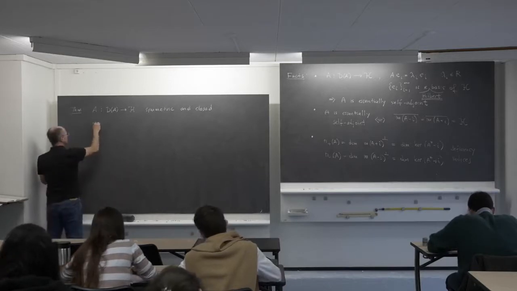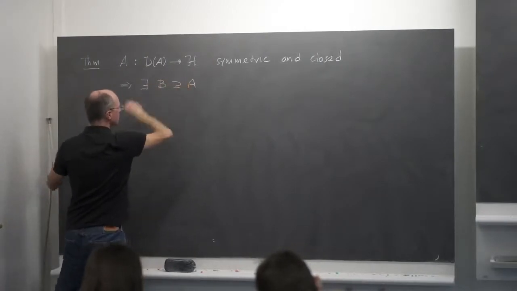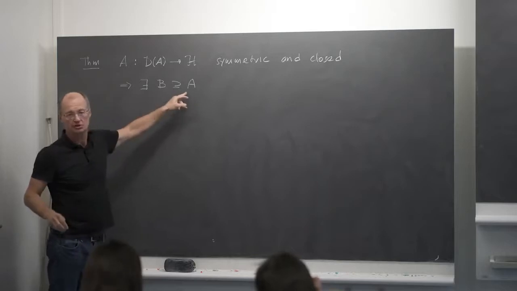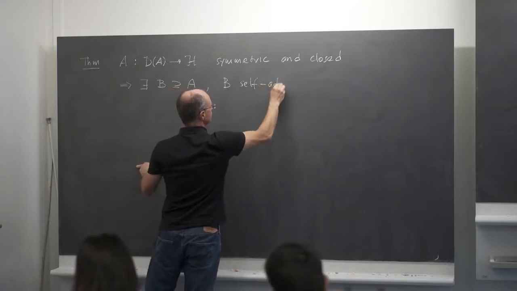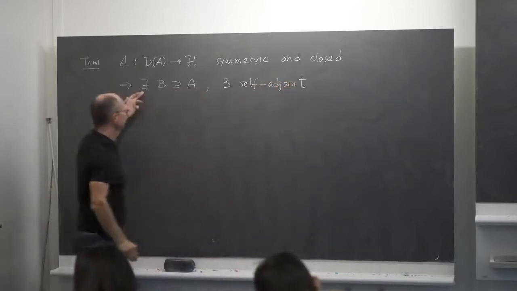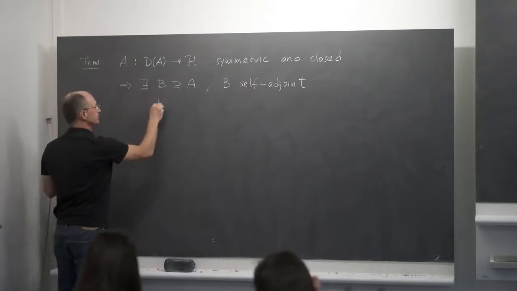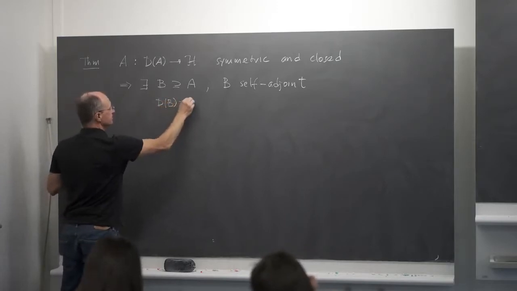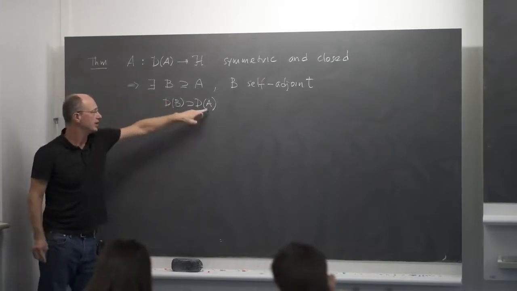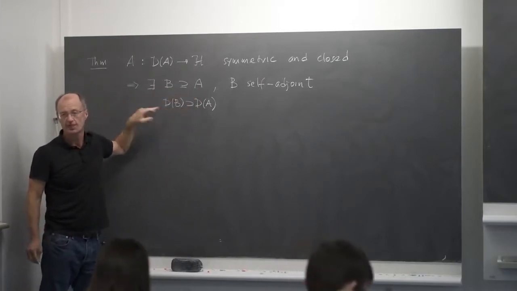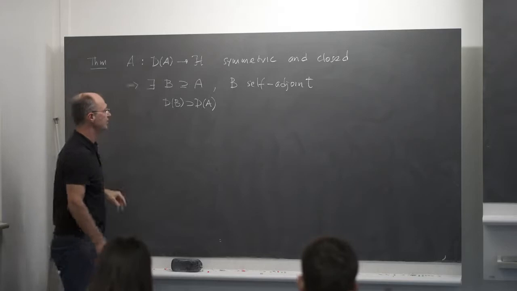So then it admits self-adjoint extensions. So let me recall, B is an extension if the domain of B contains the domain of A, and on the domain of A, A and B are the same, right? So this is an extension, and this extension is self-adjoint. So there are such extensions.